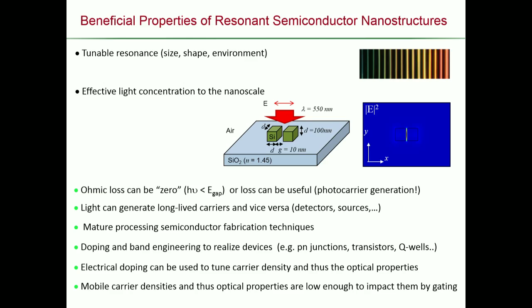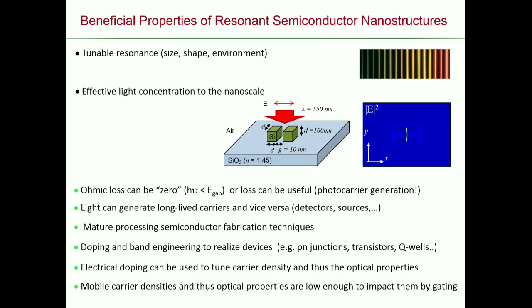There are interesting new fabrication techniques and mature fabrication techniques for semiconductors, like CMOS technology, with which we can make all of these nanostructures. We can do band engineering inside the semiconductors, make things that have optical and electronic functions at the same time by creating PN junctions, quantum wells, etc. in the semiconductors. We can gate carrier densities inside semiconductors. This is very hard to do with metals because of the very high carrier density, 10^23, 10^24 per cubic centimeter.